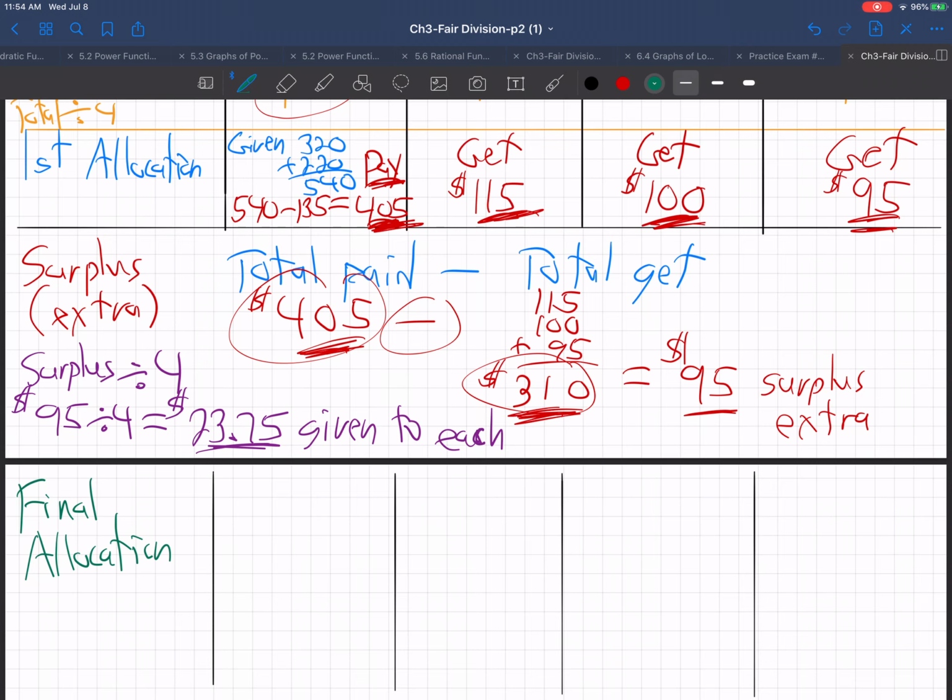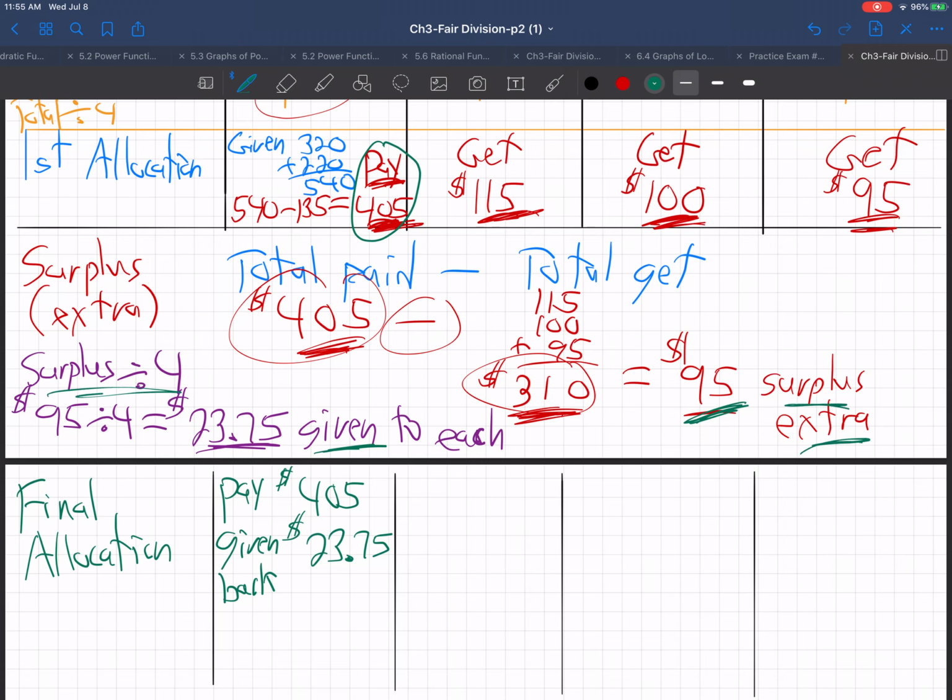So for A, first off, A had to pay $405. And then is going to be given back $23.75, because everybody's given back $23.75. That's the 95 surplus extra divided among 4 people. Each person gets $23.75 back.